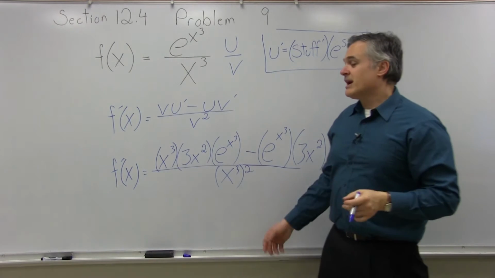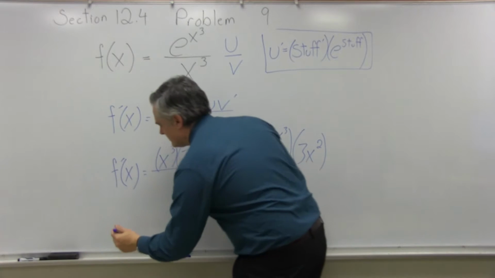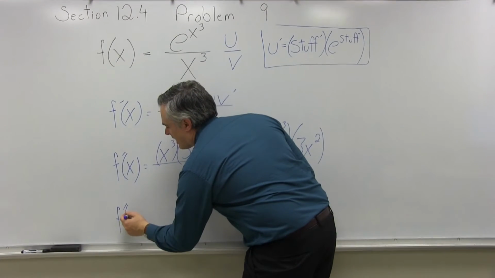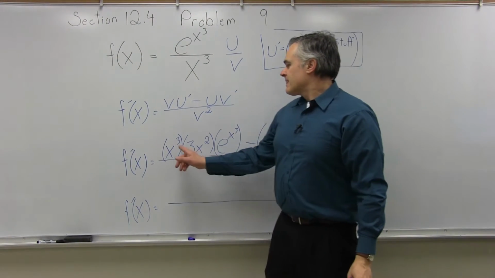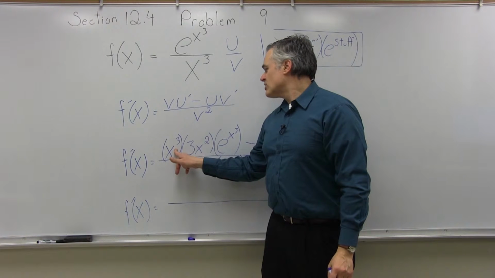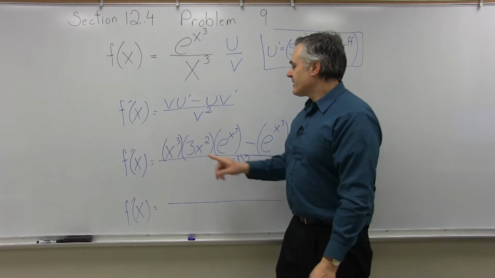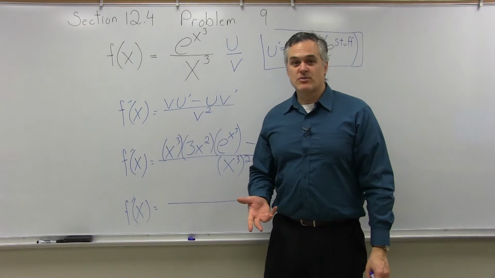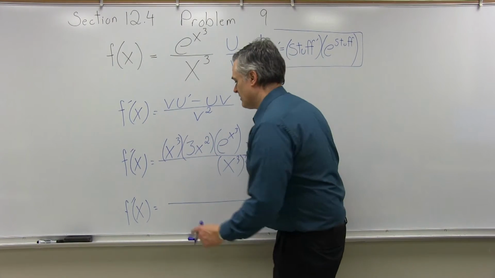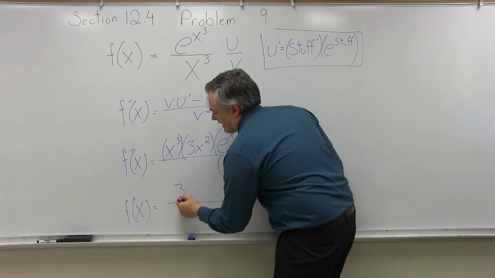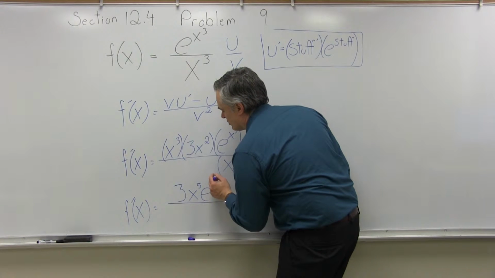Now that is the answer as I have written it there, but I can clean it up a little bit. For the first part of my answer, I have x cubed times 3x squared times e to the x cubed power. The x cubed and the x squared can be multiplied together and make an x to the fifth. When you multiply variables that have the same base, you add the exponents. So I can simplify and have 3x to the fifth power e to the x cubed.